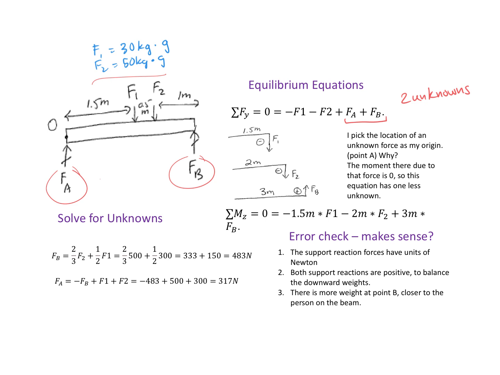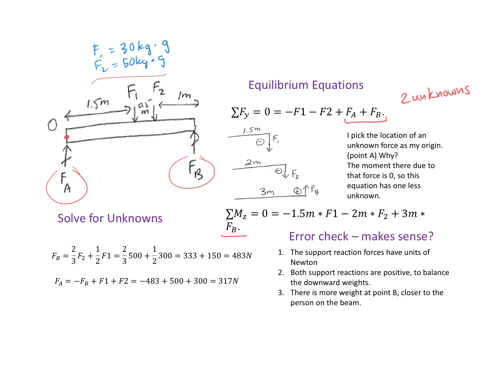So our next step is to write the equilibrium equations for moments. And so I'm going to pick the location of the moment at one of the unknowns. So in this case, I'm picking it at this point here where FA is.